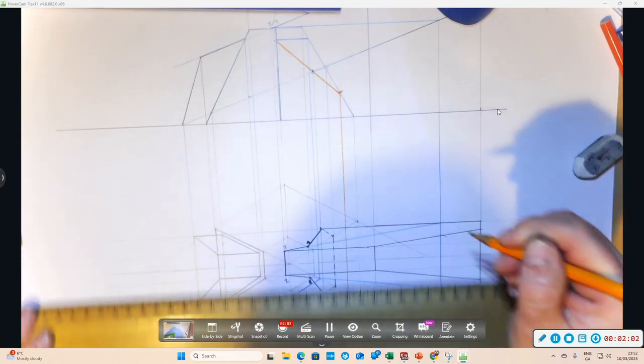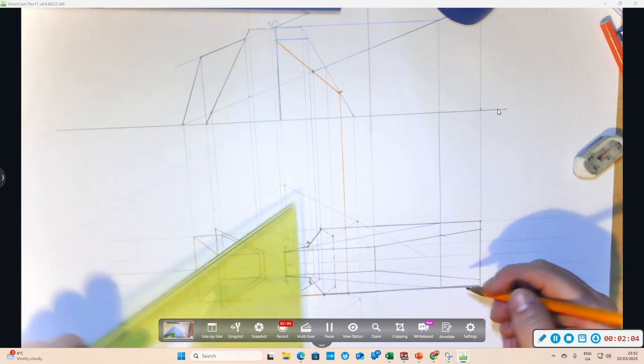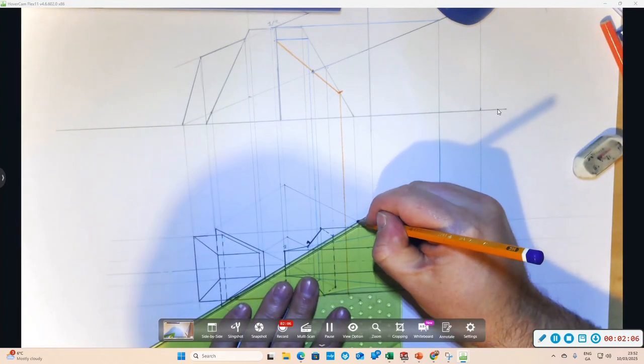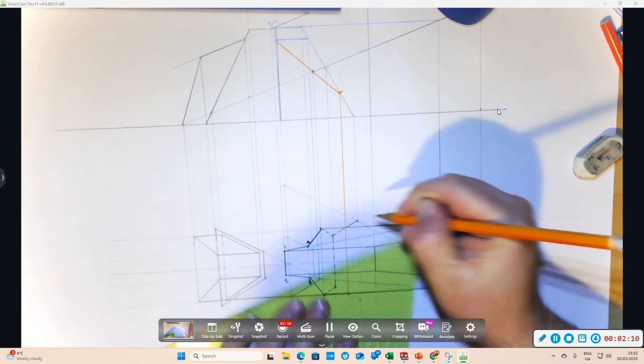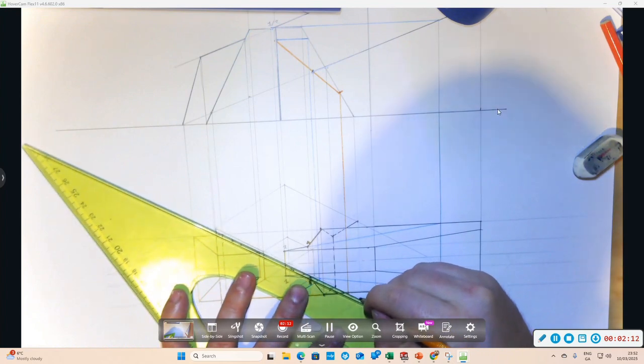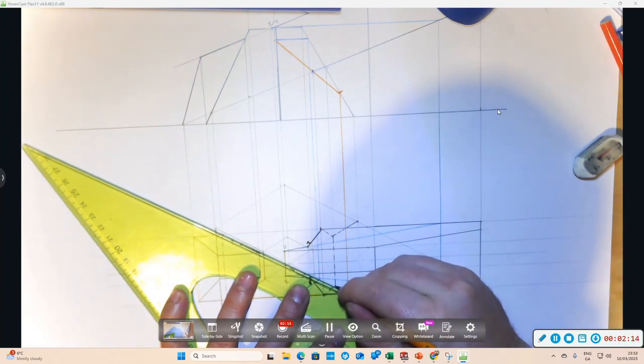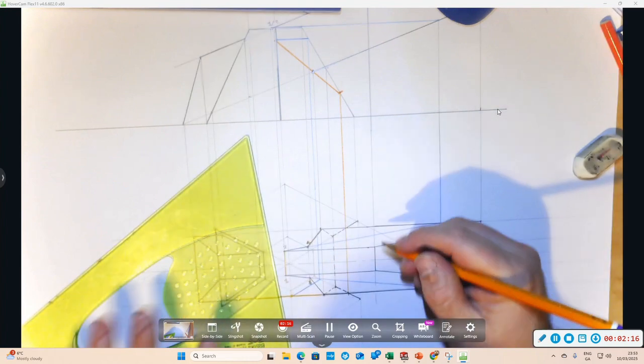Here. Now, we have some of a hidden line here, and then some heavy. Likewise here, some heavy, some hidden.